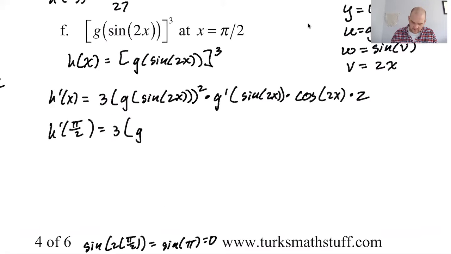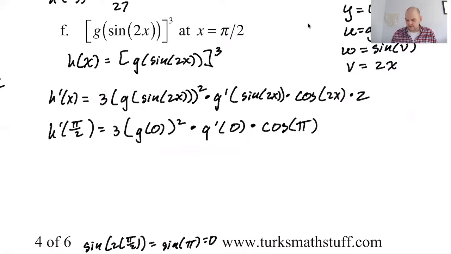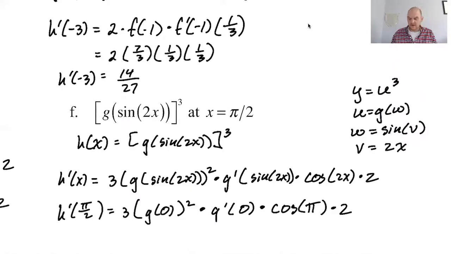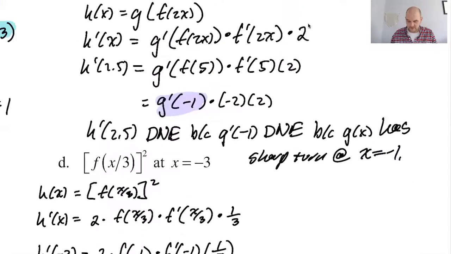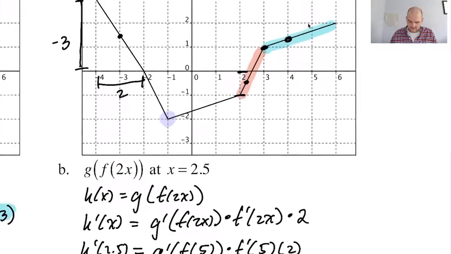So really this becomes 3 g of 0 squared times g prime of 0 times cosine of pi, not 0, cosine of pi, which is -1, and times 2. All right, g of 0, g prime of 0. I'm actually going to be disappointed if either of those don't exist. No, they're good. They're just annoying.